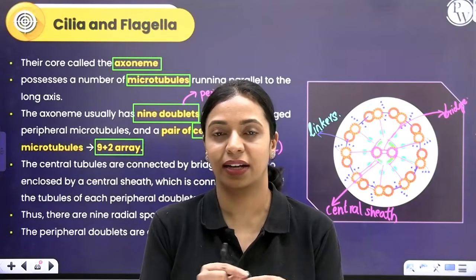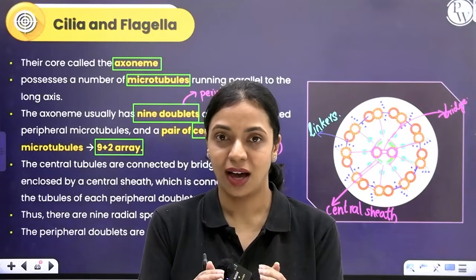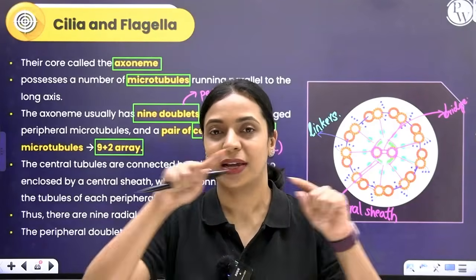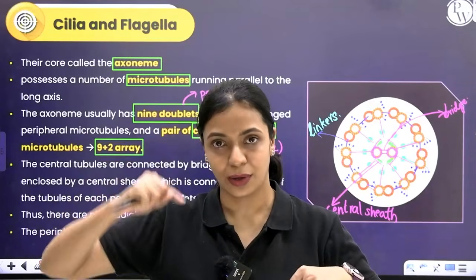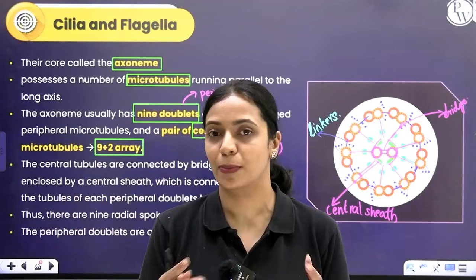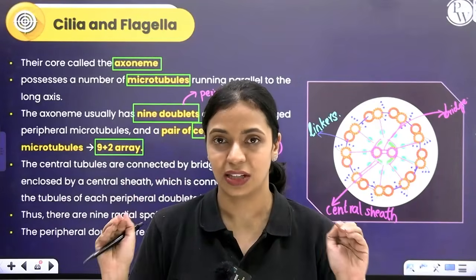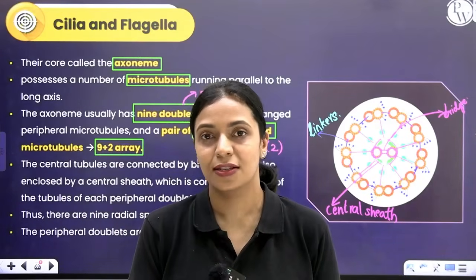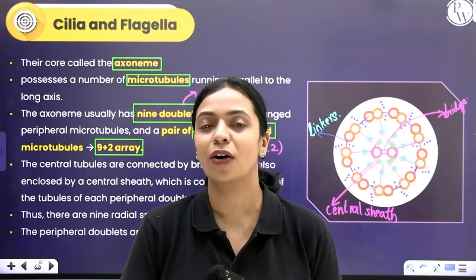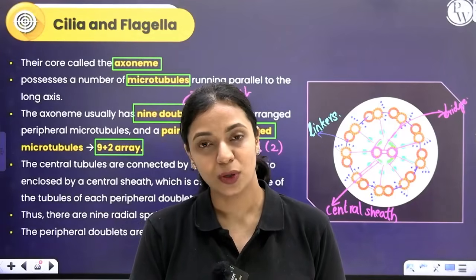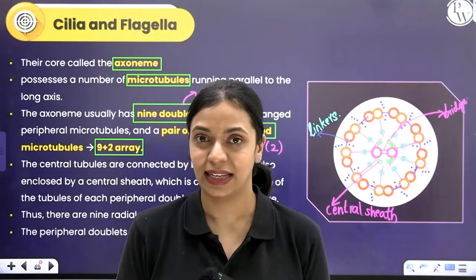The 2 singlets are connected by a bridge and are covered by a sheath. The peripheral doublets are connected with the neighboring ones with each other with the help of linkers. The peripheral doublets are connected to the central sheath by means of radial spoke. This is called the 9+2 array of arrangement of microtubules in flagella and cilia in eukaryotes.